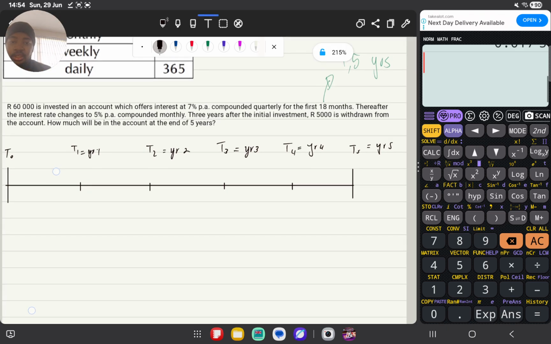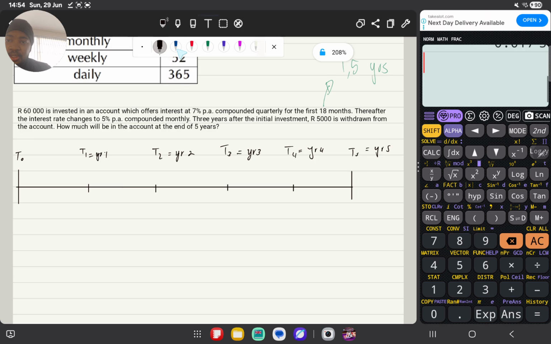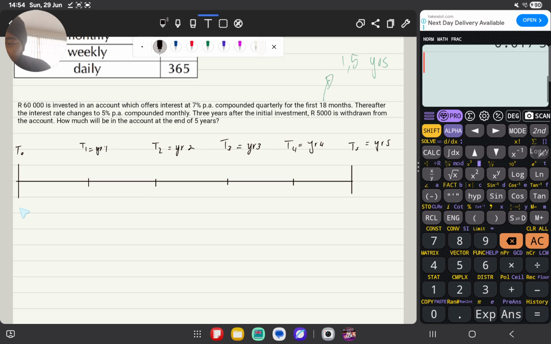So initially, what happens? Initially, we made an investment, so there is a plus 60,000 rand invested, right? And then now in terms of the interest rates, here this is 1.5 years.